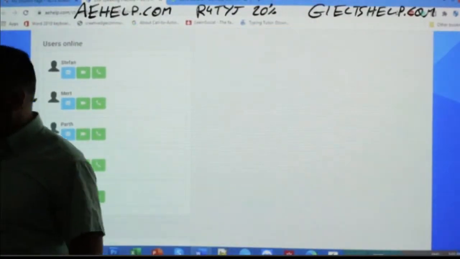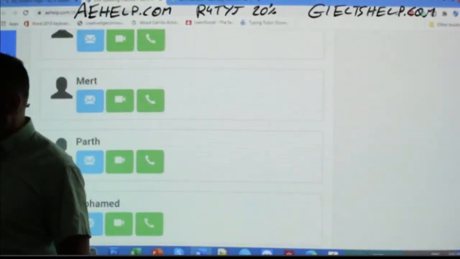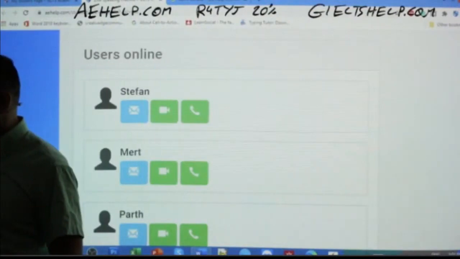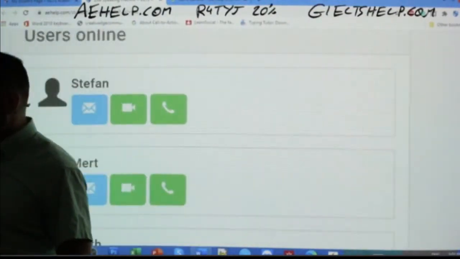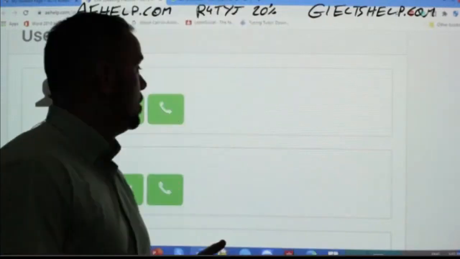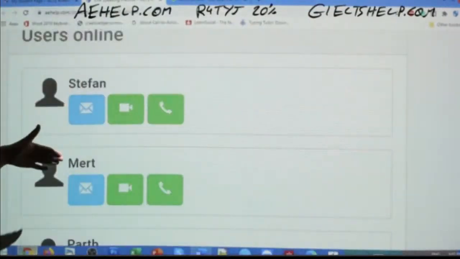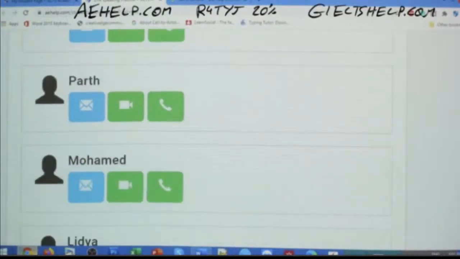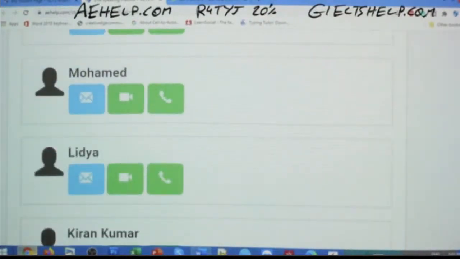In the user interface, you will find other IELTS students who are looking to practice their speaking, just like with WhatsApp or with Skype. So here we can see there's Stefan that's in here, there's Mert that's in here, Parth. There's usually several students, Lydia, Mohammed, Kiran.